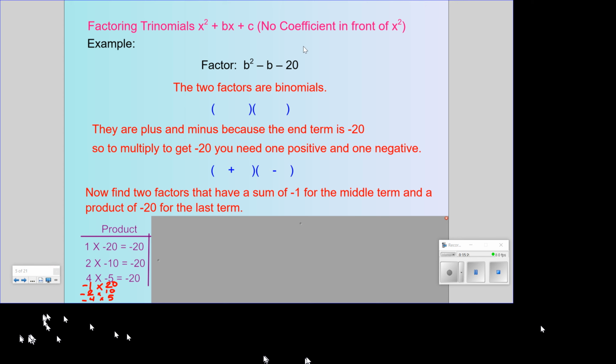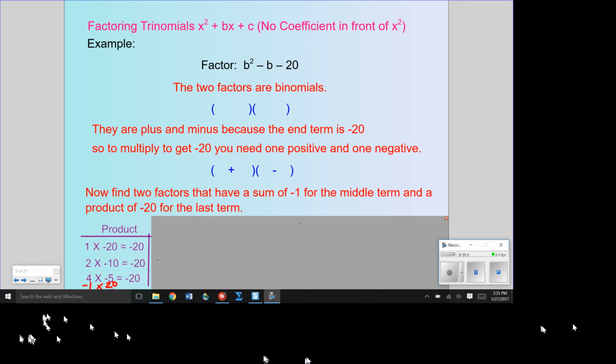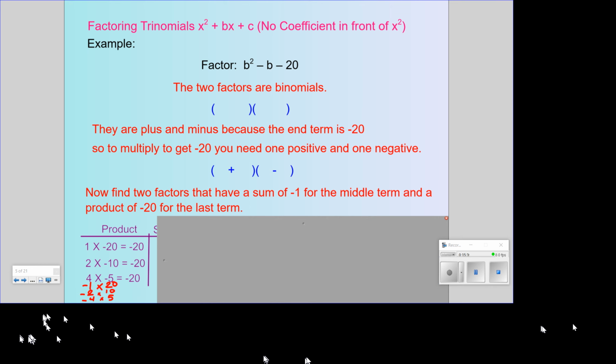From here, though, you need the combination of factors that add up to negative 1. So the set of factors that would add up to be negative 1 would be 4 and negative 5. So if you come through this list of factors that add up, this is the one we want.